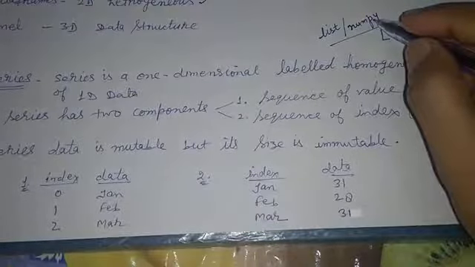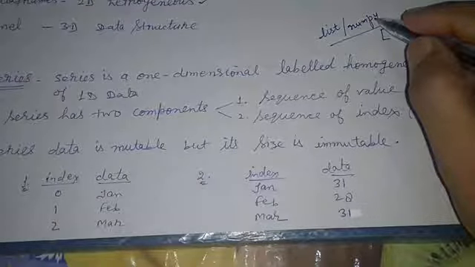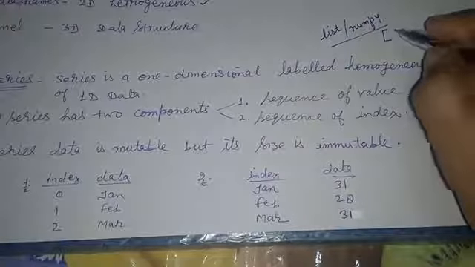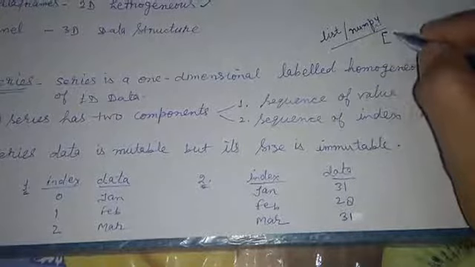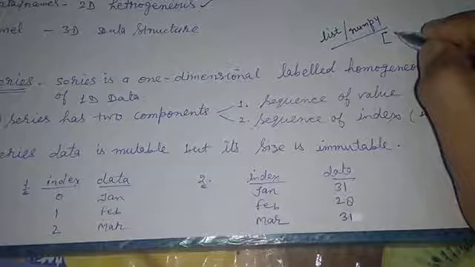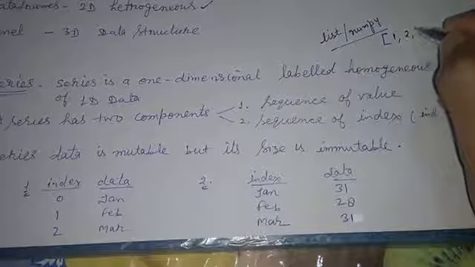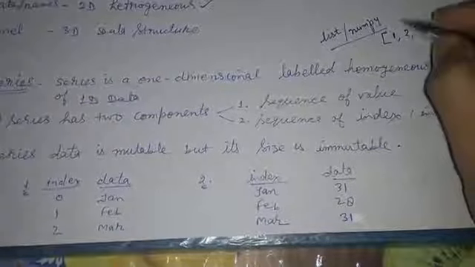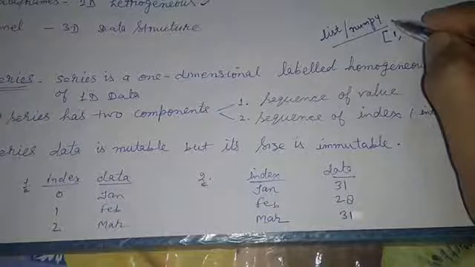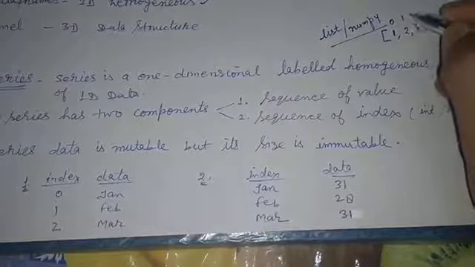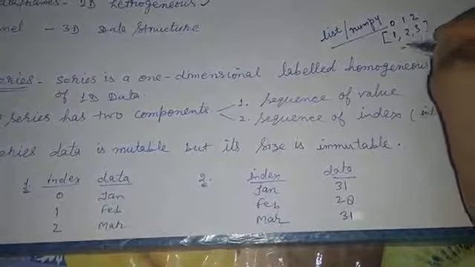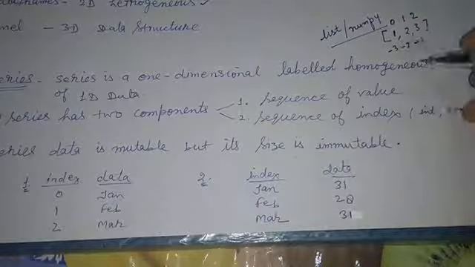However, we can also store data in two dimensions in NumPy. Both have one thing in common, that the elements of list and NumPy are accessed using the index 0, 1, 2 or negative index -1, -2, -3.